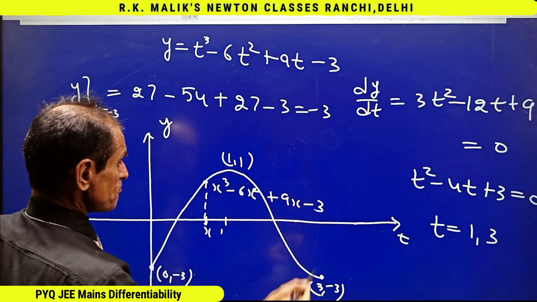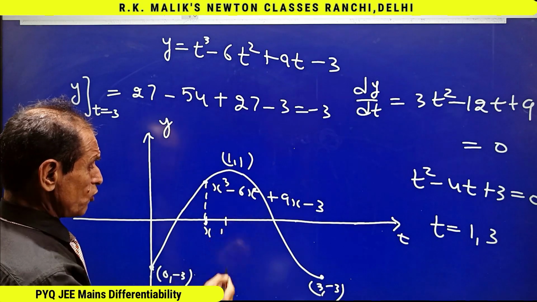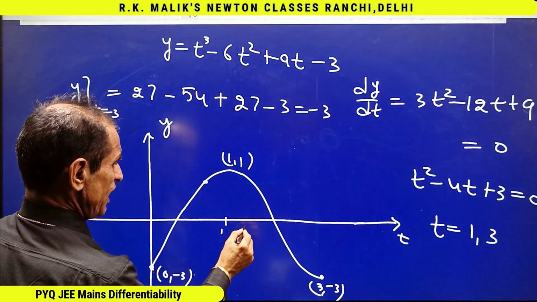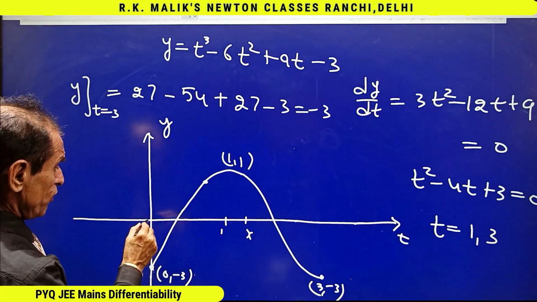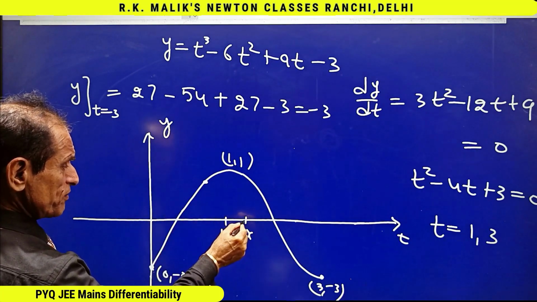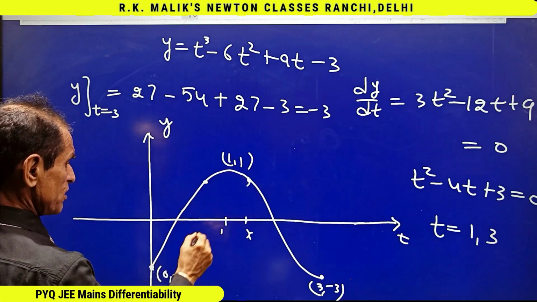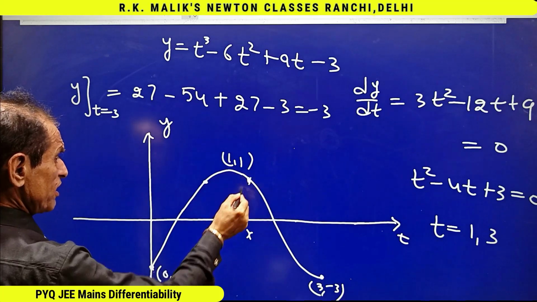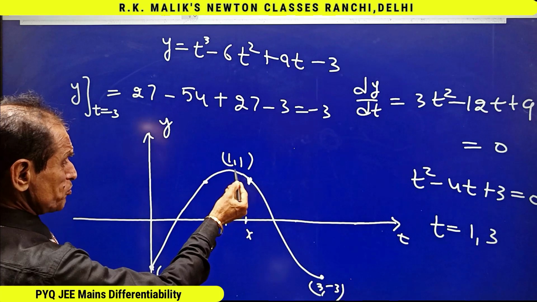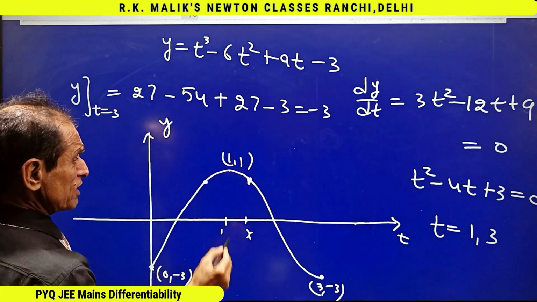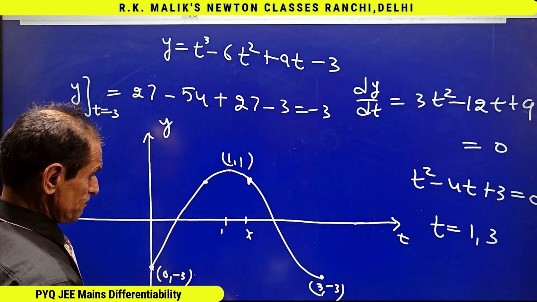9x minus 3. And once x has crossed 1, say x is here, as I make t vary from 0 to this point, on the graph we will be going from here till here, and out of all these values of y on this portion, the maximum value of y is always 1 if t is varying from 0 to x.